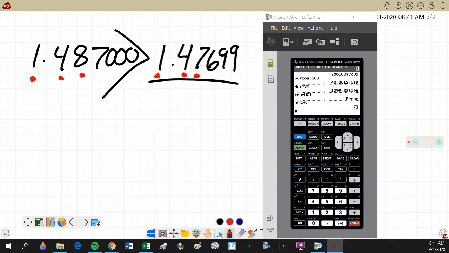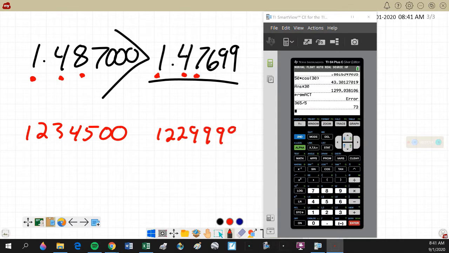Okay? Same is true of numbers that are not decimals. So if I did 1,234,500 and then I did 1,229,999. So we count over 1, 2, 3, 4, 5, 6, 7 places.